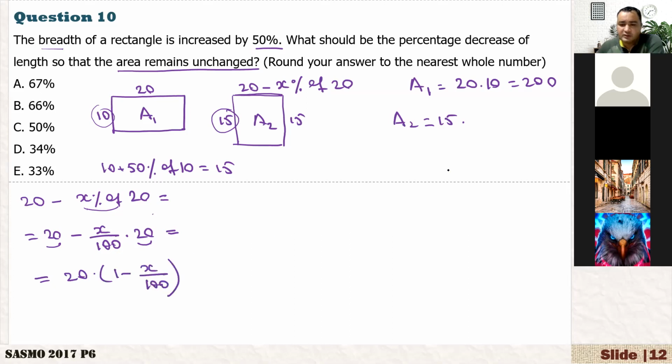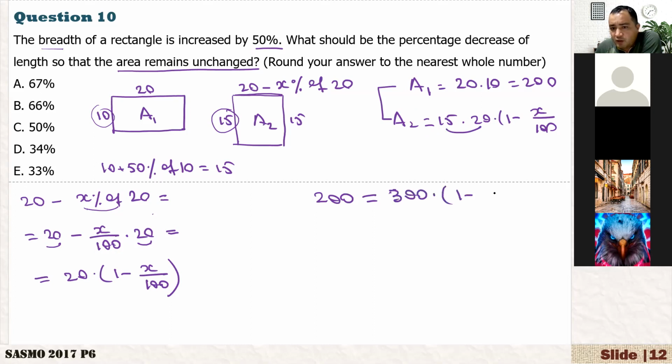Now if you substitute, A2 is equal to 15 times 20 times 1 minus X over 100. These two areas are equal, so the equation is 200 equals 300 times 1 minus X over 100. We are looking for X here.